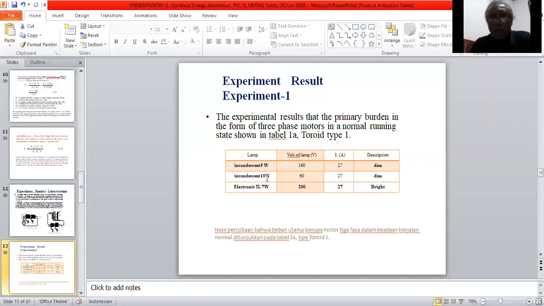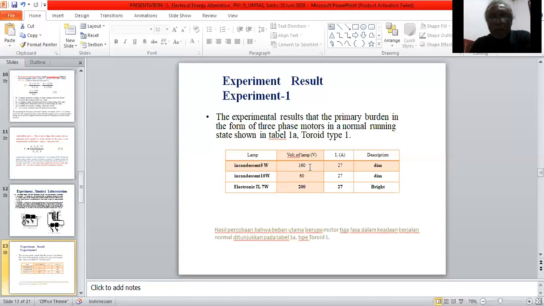Incandescent lamp of 10 watt. The voltage occurred in the lamp is 60 volt. Description: dim. And the electronic lamp 7 watt.